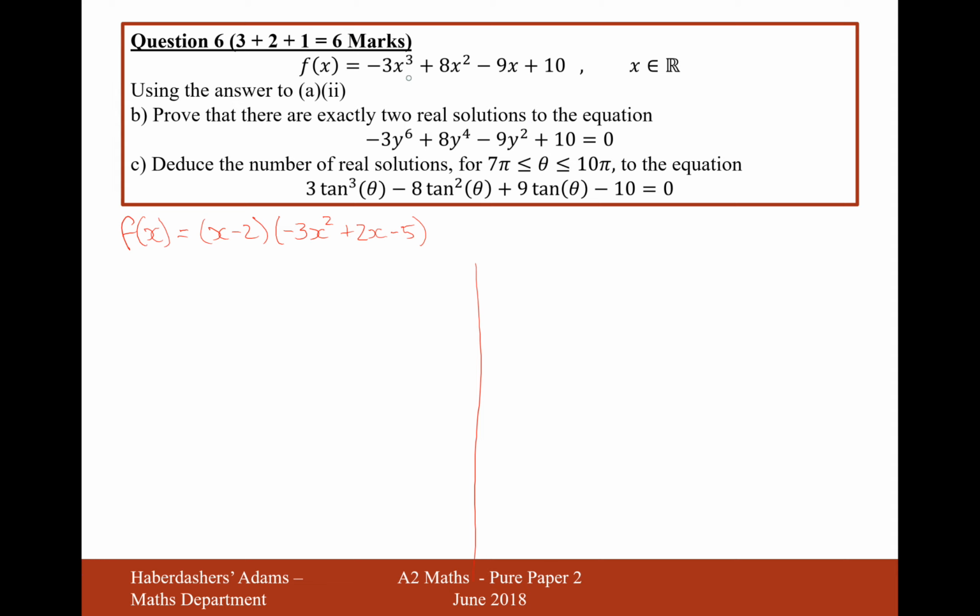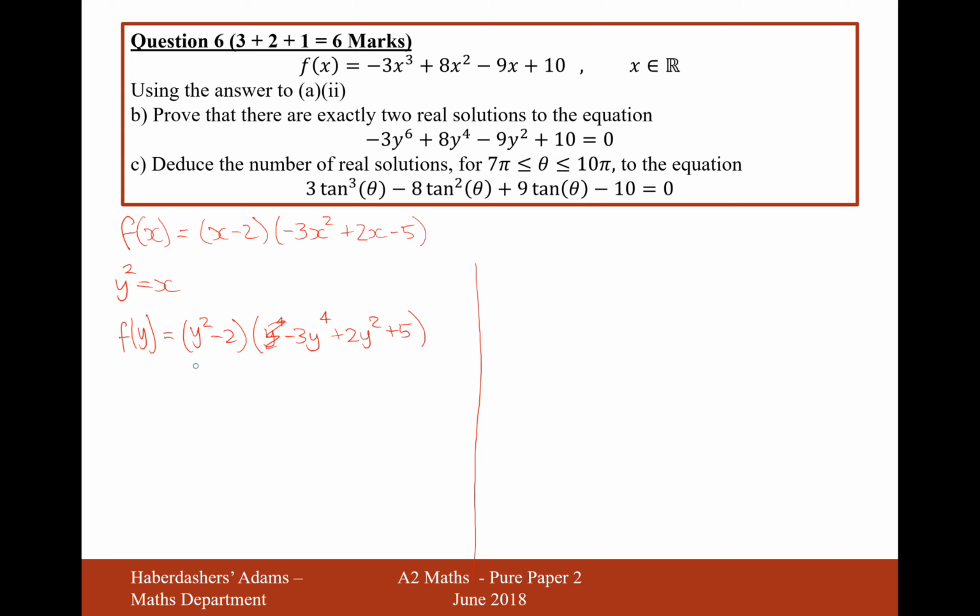So, it looks like the only difference between the f of x function and this equation is that the powers have doubled, or in other words, y squared is equal to x. So this function here, f of y squared, can be factorised as y squared minus 2, and then minus 3y to the power of 4 plus 2y squared minus 5.